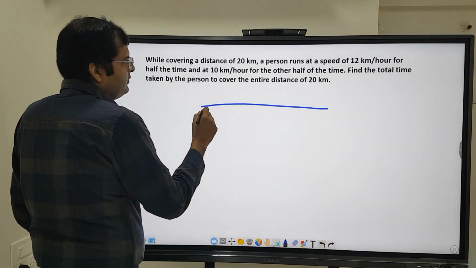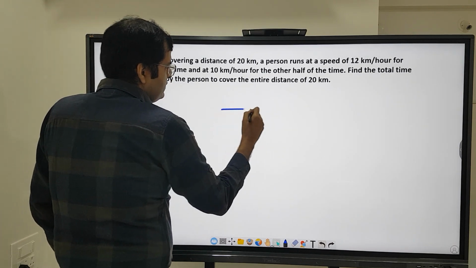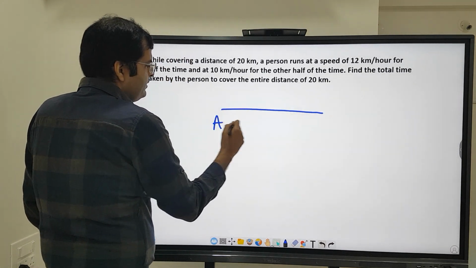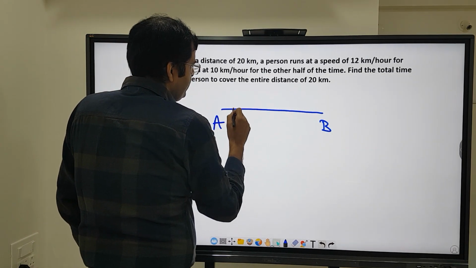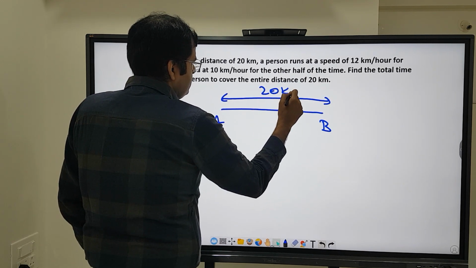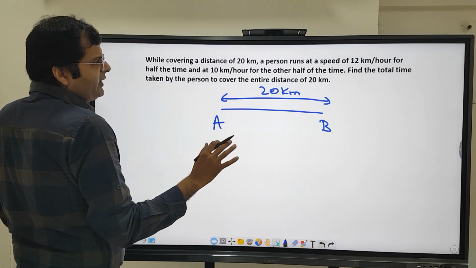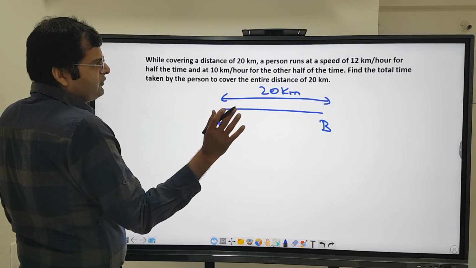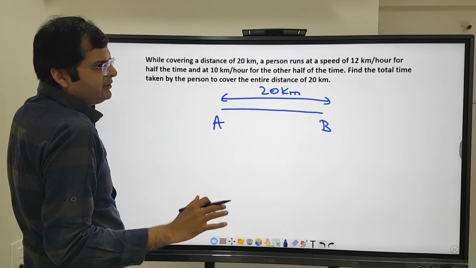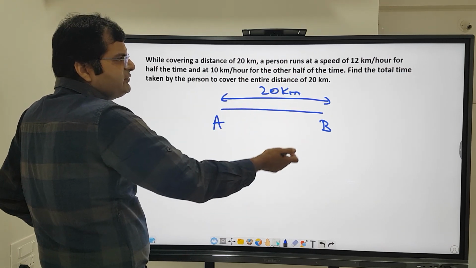So now over here, let this AB be the entire distance of 20 km. Now it says the person runs at a speed of 12 km per hour for the first half of the time and 10 km per hour for the second half of the time. So in the first half of the time, more distance will be covered.